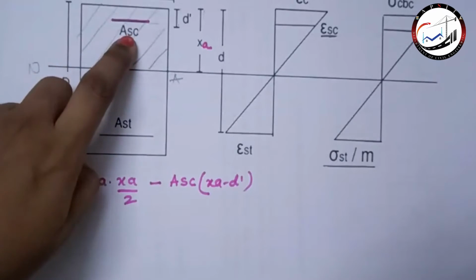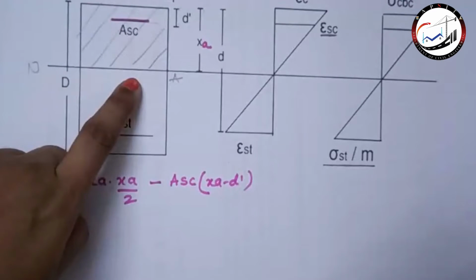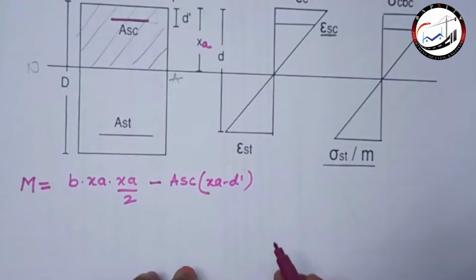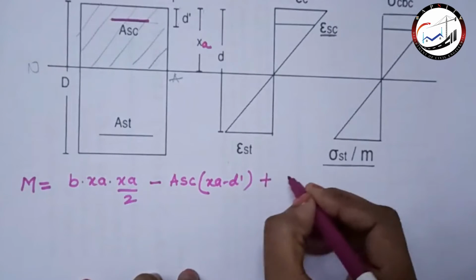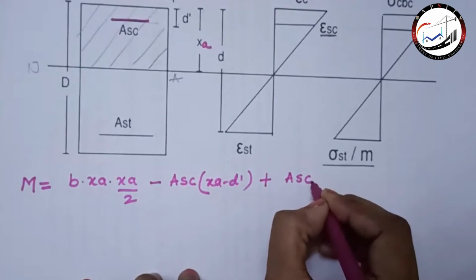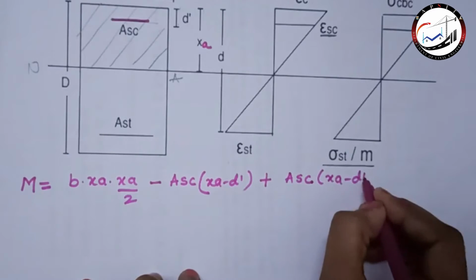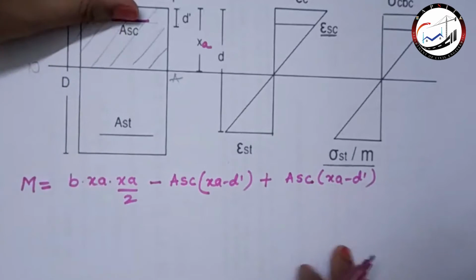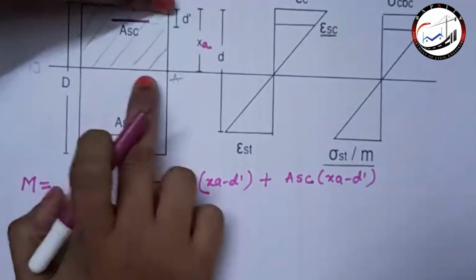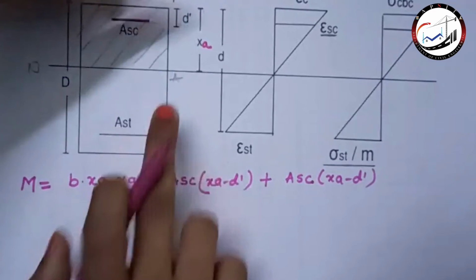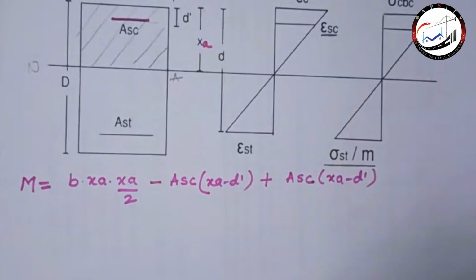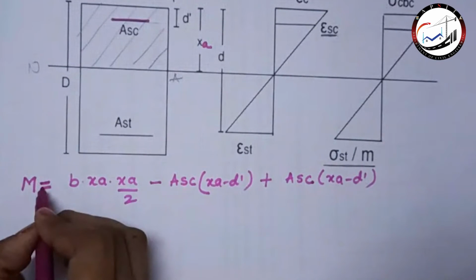So again, I need to take the moment of this about the neutral axis. So when I take the moment of this, it will be plus ASC into XA minus D dash, because I need to take this distance. So this is the moment of the area of the compression side about the neutral axis.